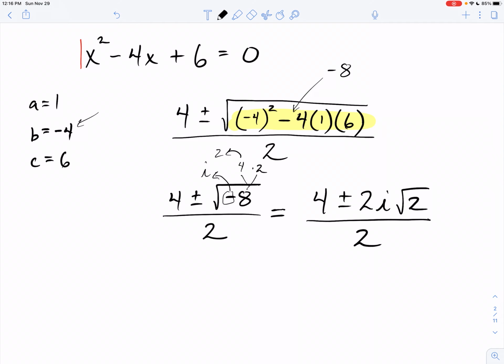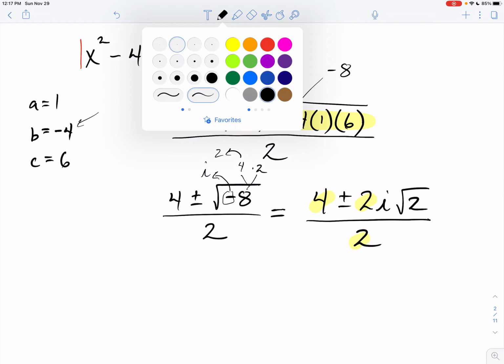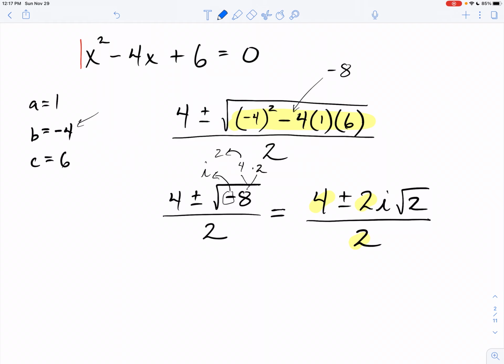Now remember, don't jump the gun on me. Don't say, oh, I'm going to knock those two guys out. No, no, no. You don't get to reduce until you see 1, 2, 3 outside numbers. Now I see 3 outside numbers, and I'm asking you, can I reduce it? Hopefully you are saying yes, because 2 goes into itself once, 2 goes into that once, 2 goes into that twice.